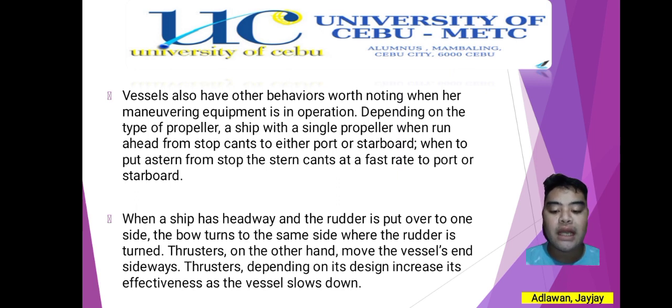When a ship has headway and the rudder is put over to one side, the bow on the same side will turn as the rudder is turned. Thrusters, on the other hand, move the vessel's end sideways. Thrusters, depending on their design, increase in effectiveness as the vessel slows down.